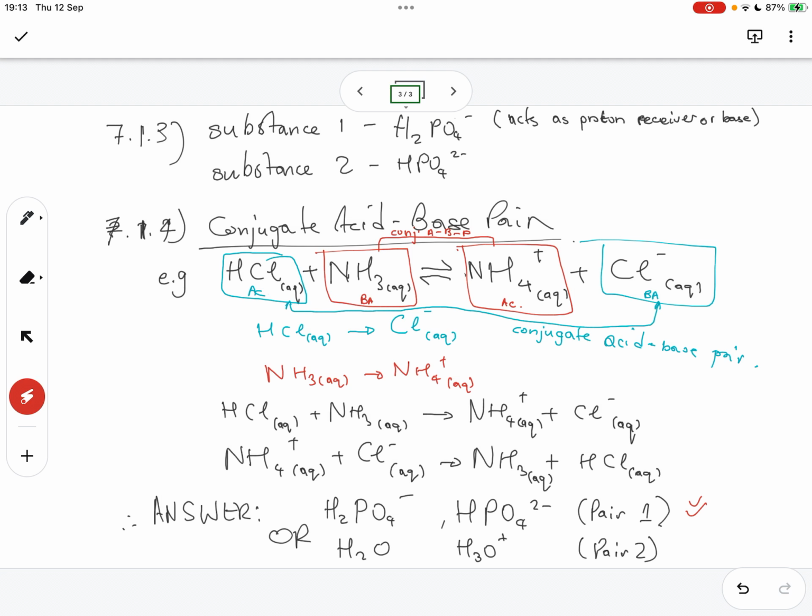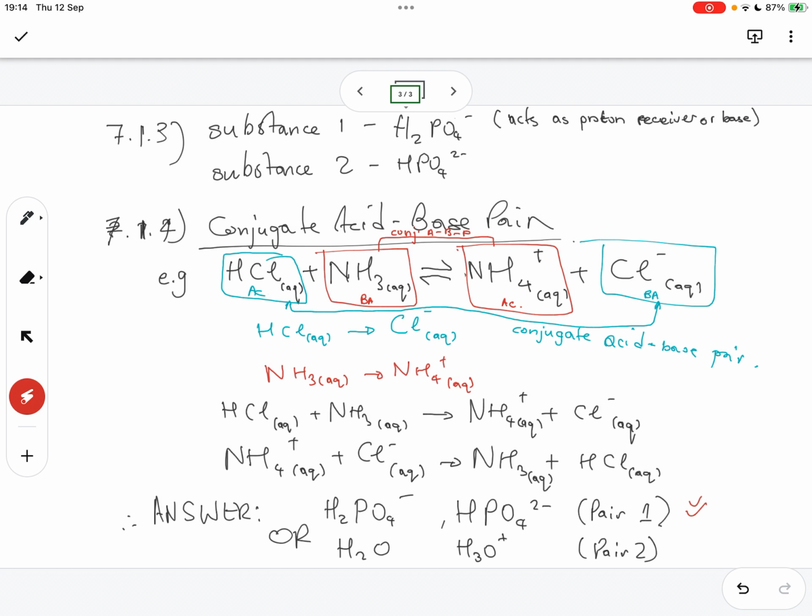I'm using different colors so that you and I can identify and discuss as we are discussing, so that we can see how we can identify. In this case, this was the acid, so we identify it. But now it results in a base, which is this one. So those two become the pair, because in the reverse reaction, when this one donates a proton to that one, then this one goes back to being acid.